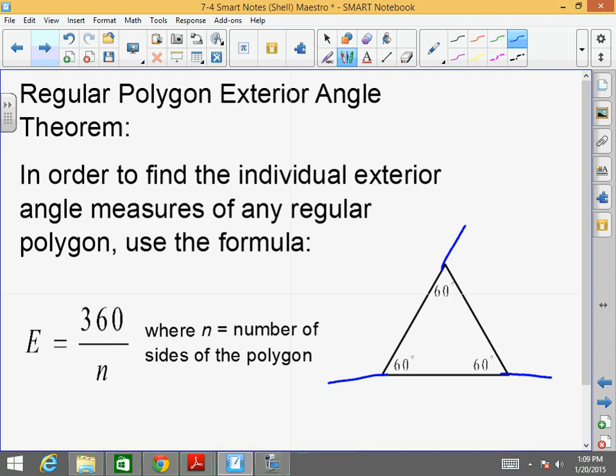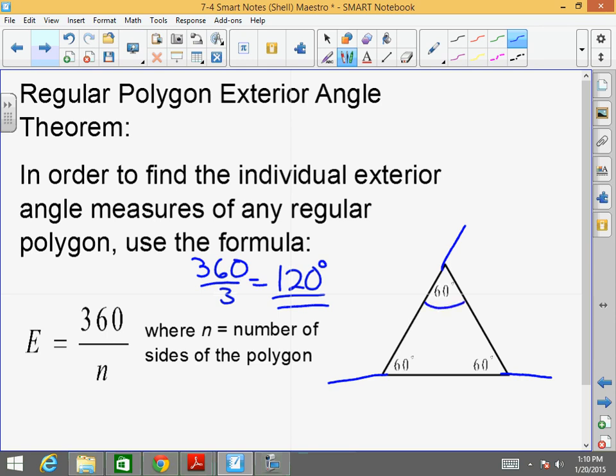We are human beings, okay? It happens. But I want to give you 2 tools for this. The easy way to find the individual exterior angle measures here is 360 divided by 3. It's 120. Definitely use that, my brothers. That's the easy way.